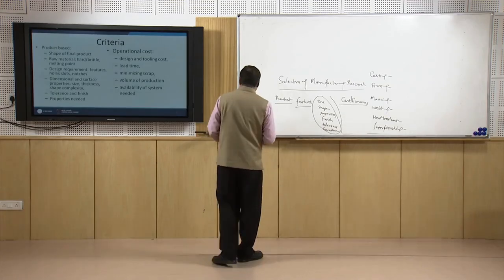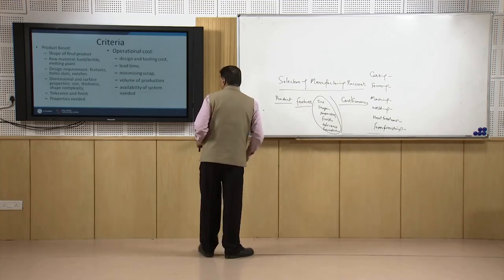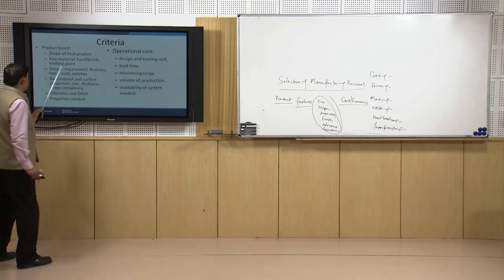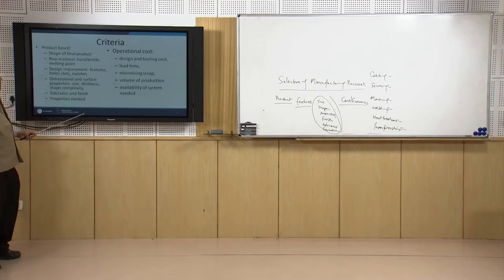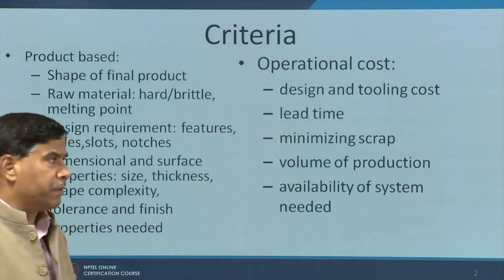So, if we go by the different factors associated with the selection of the manufacturing process, there are those which are product based and those which are operational cost or economics based.